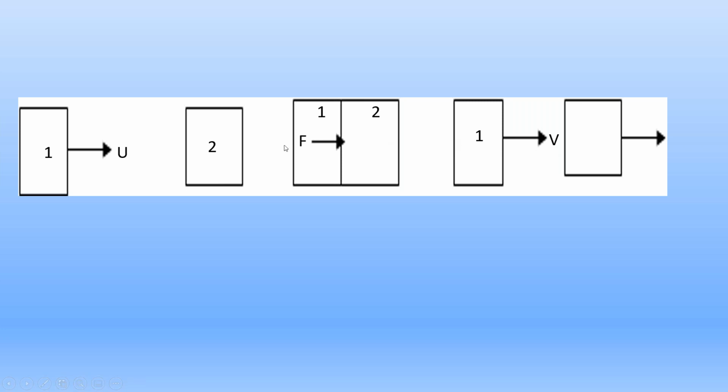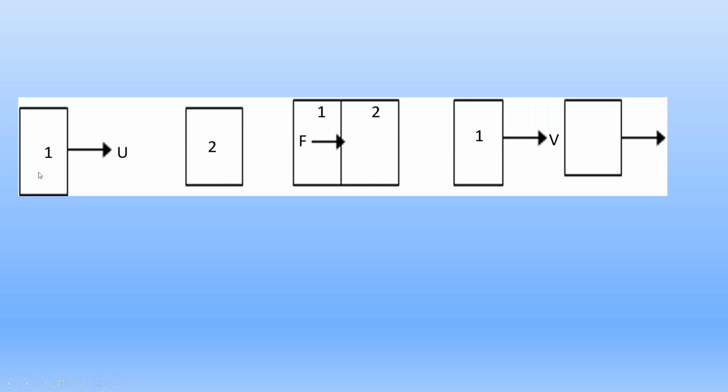Look at the directions of velocities and force. All are in the same direction, horizontal. So in this example, the initial velocity, the force and the final velocity all are in the same horizontal direction. Now coming to the first body. The first body's initial velocity is u.